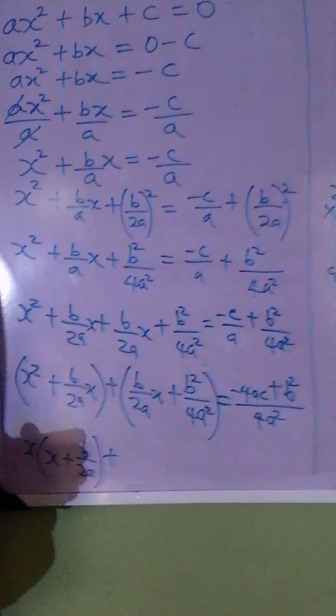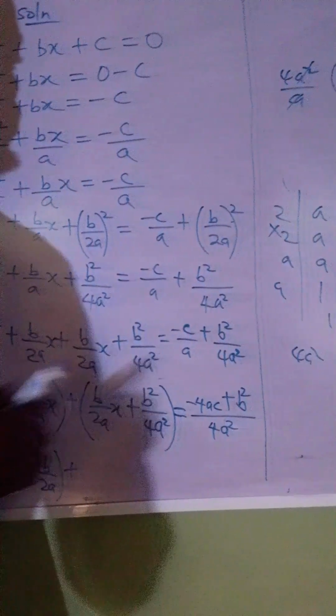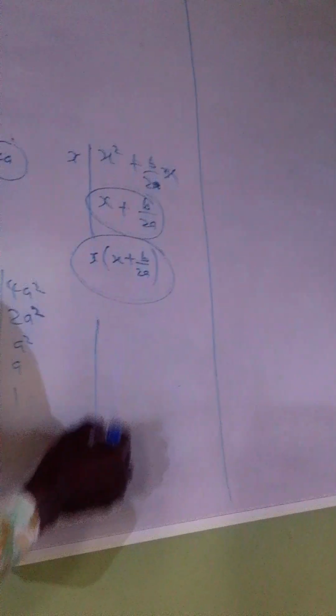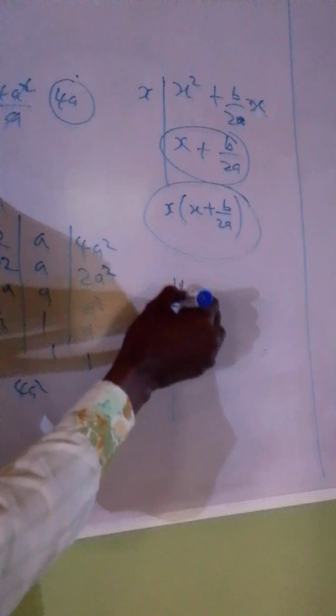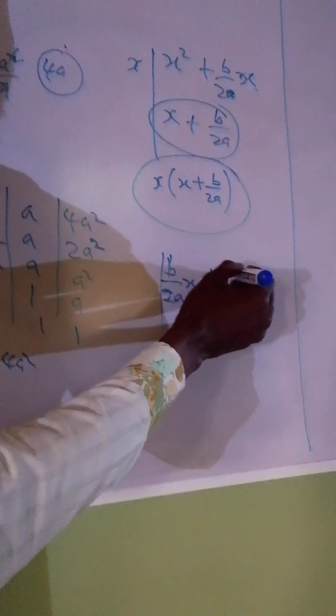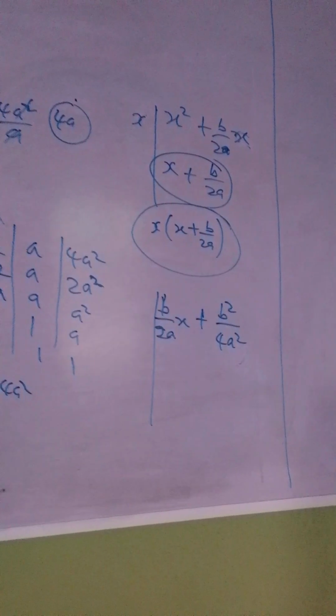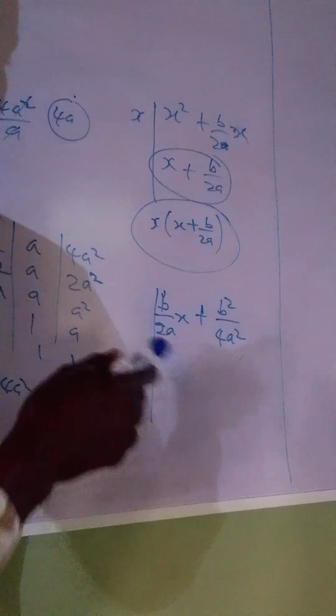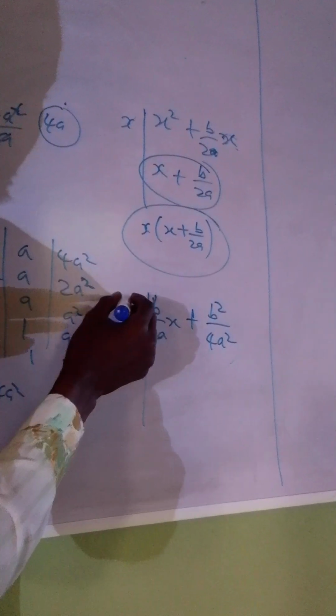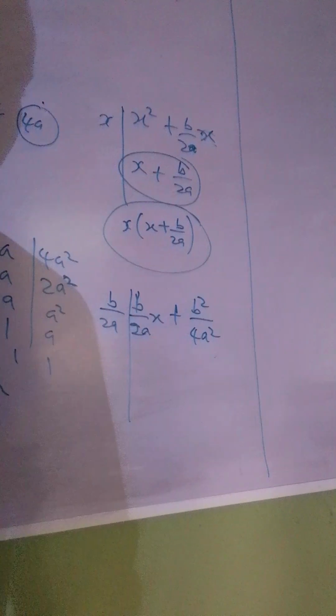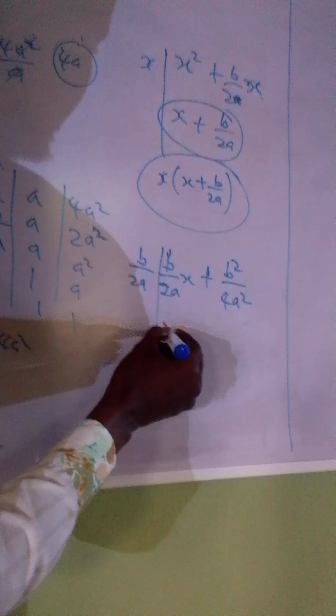Then let's find the HCF of these two. Let's go back here. So we have b over 2a x plus b squared over 4a squared. Now what can factor out is b over 2a. You can use b over 2a to divide. b over 2a cancel b over 2a. What is left here is x.